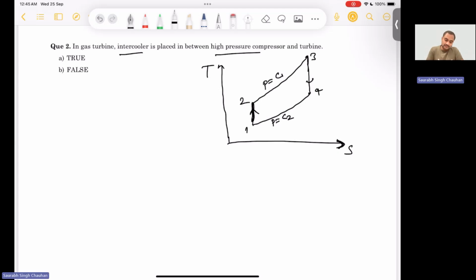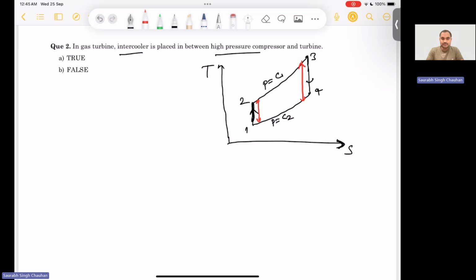So this gap and this gap, if you compare, then you can see it is increasing. So if you want to reduce the compression work, then you should try to compress the air at low temperature. When you compress the air, it becomes hot, and to reduce the compression work, you should cool that gas.